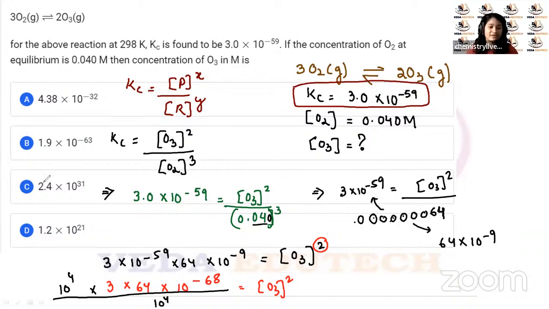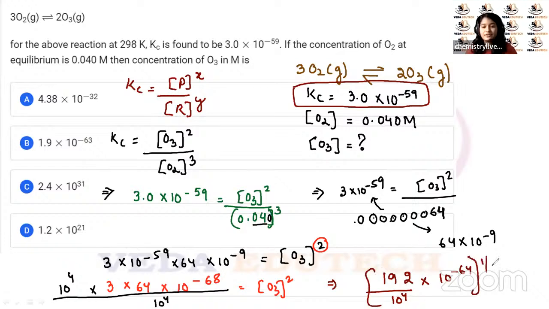Then I get 3 fours are 12, and 18 and 19, so this is 19 divided by 10 to the power 4, into 10 to the power minus 64. Whole to the power half will give you the O3.